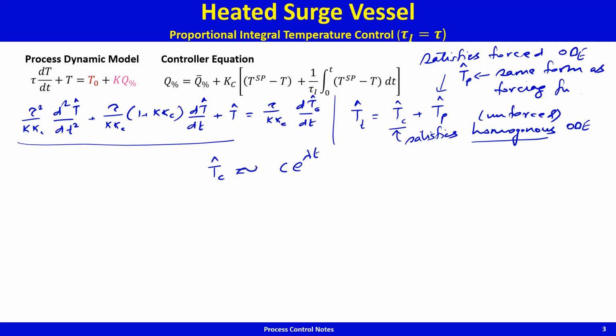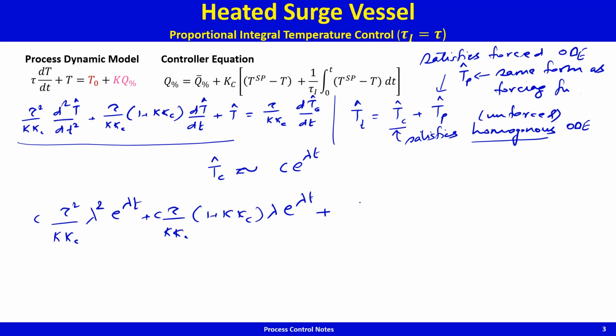So if I substitute c e to the power lambda t into the homogeneous part of the equation, what I get is tau square by kkc into lambda square times c e to the power lambda t plus tau by kkc into 1 plus kkc times c times lambda times e to the power lambda t plus c times e to the power lambda t.